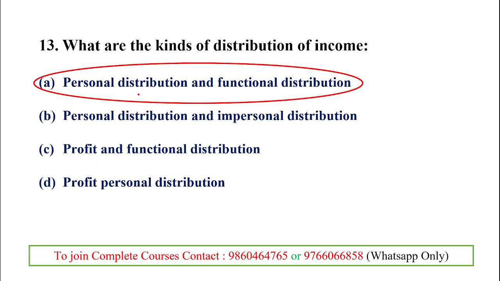Personal means the distribution for us, and functional means the variety of functions that relate to the distribution of income. Impersonal also means functional, which covers production and the other needs of the firm.